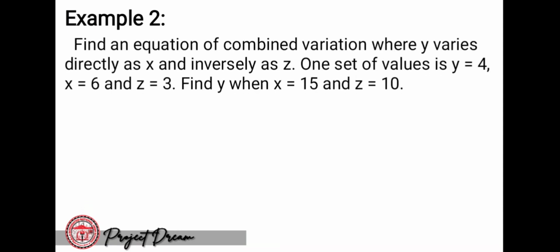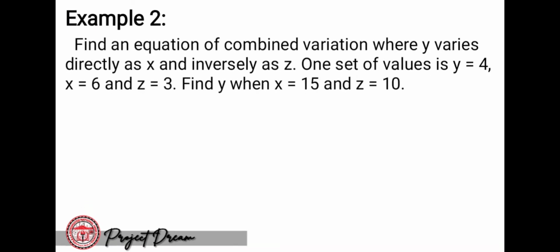So, para mas maintindihan, tignan natin yung pangalawang example. Find an equation of combined variation where y varies directly as x and inversely as z. One set of values is y is equal to 4, x is equal to 6, and z is equal to 3.